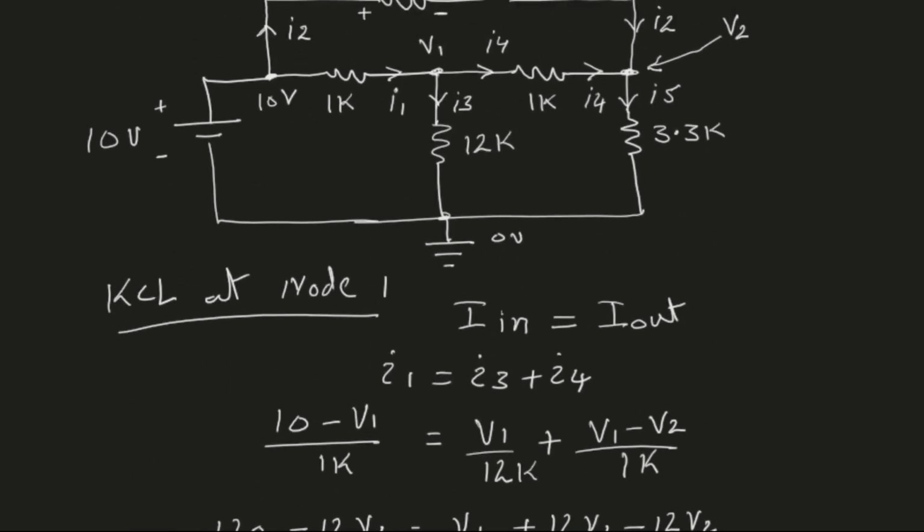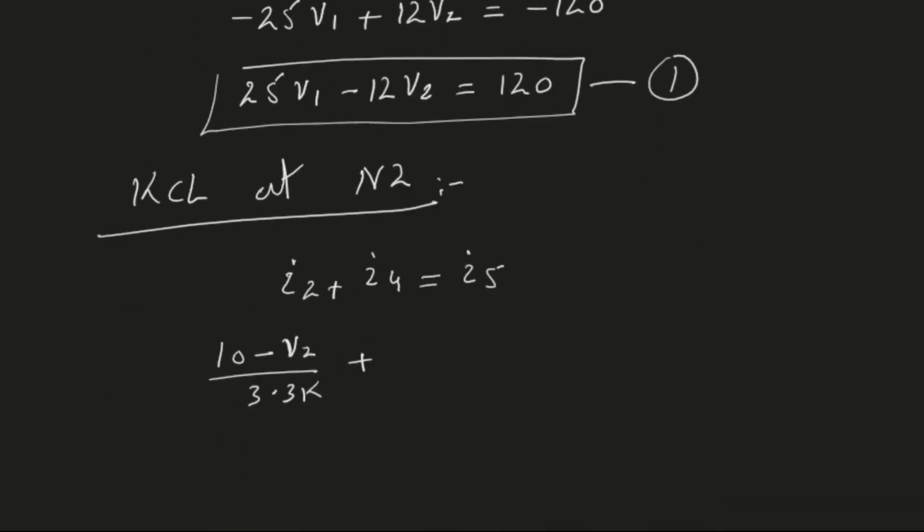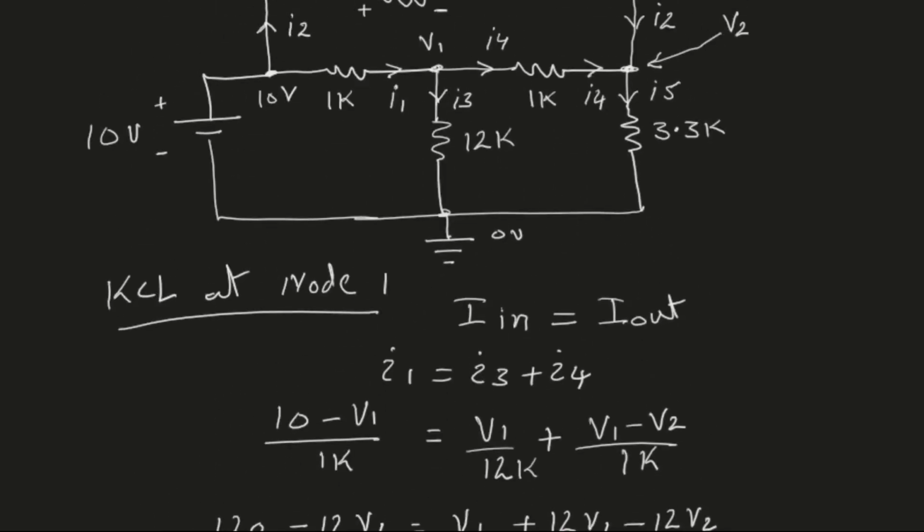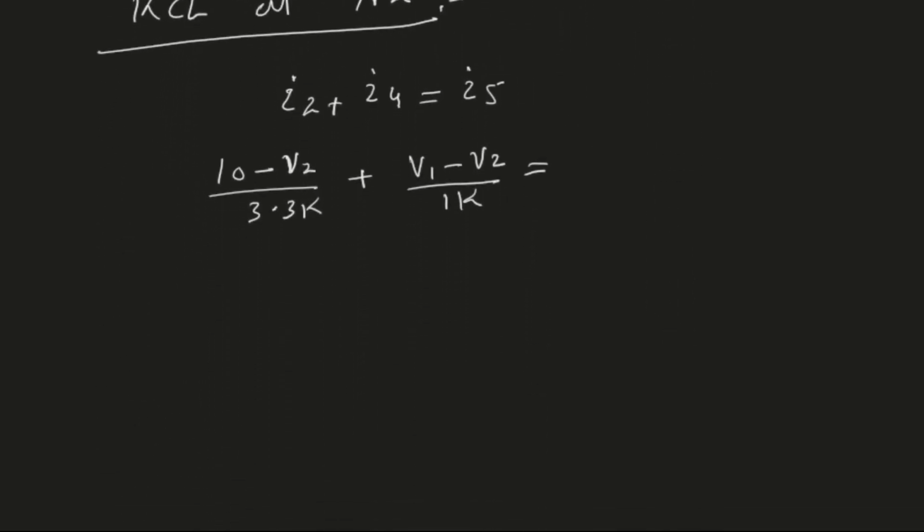I4 is (V1 minus V2) divided by 1K. And this should be equal to the amount of current that is leaving the node, which is (V2 minus 0) divided by 3.3K.